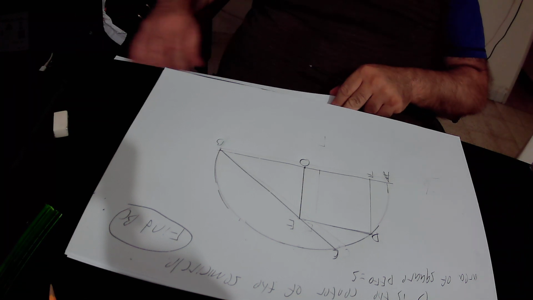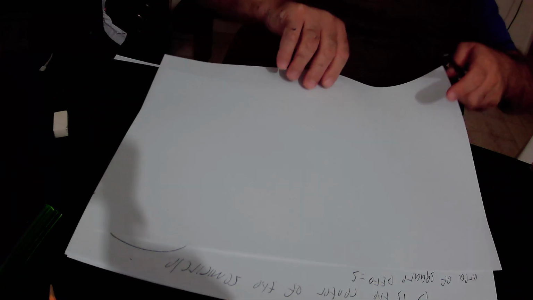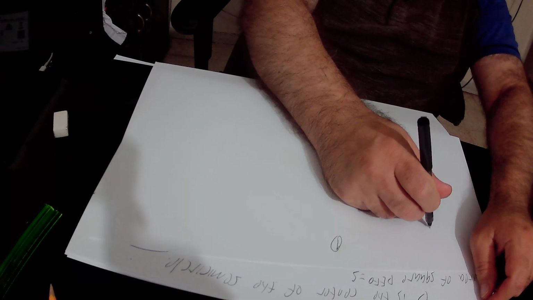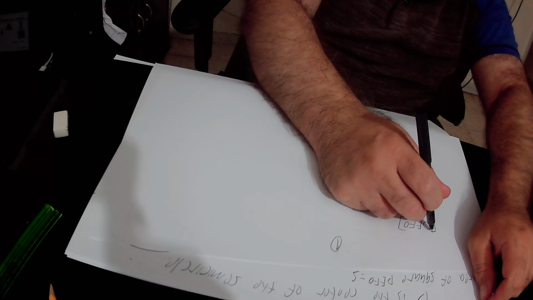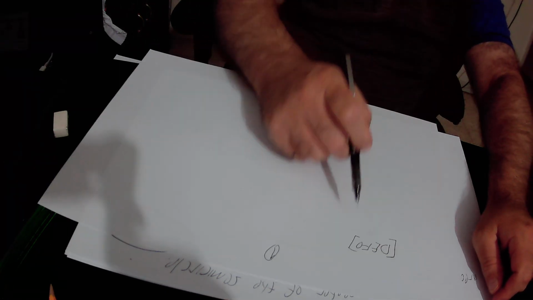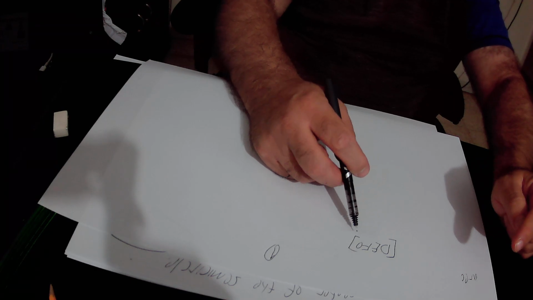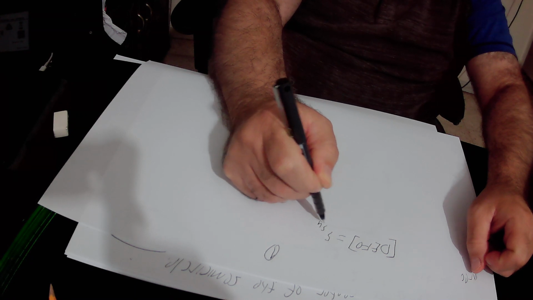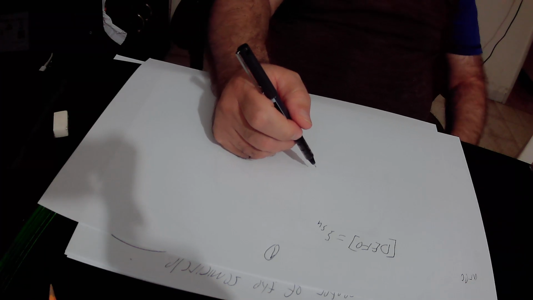So you can write down that the area of square DEFO, with two square brackets as the sign for the area, equals 5 square units, and we know that the area of any square is equal to the side squared.